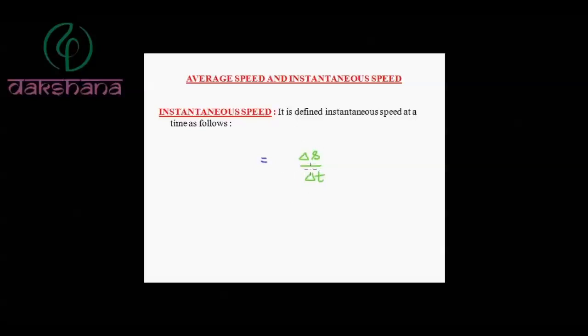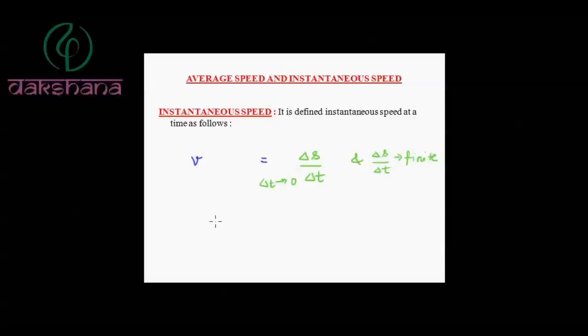Now when delta t tends to 0 and delta s by delta t is finite, then it is defined as instantaneous speed, by default written as v.